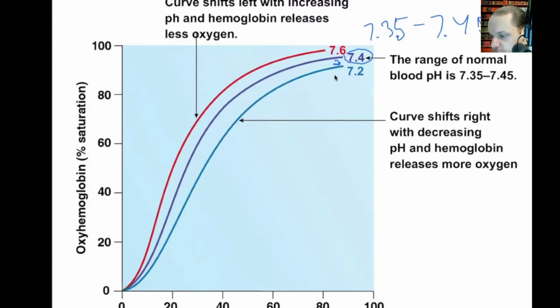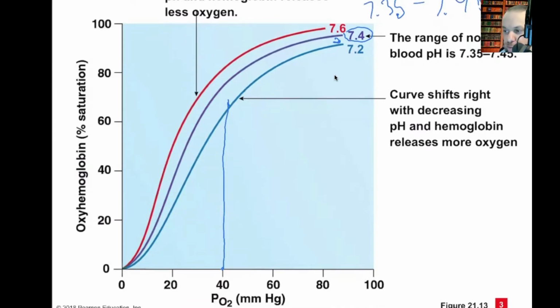And what you notice here is, let me make this up, if I became more acidotic, the curve moved to the right. So it moved from the normal to the right. At this movement to the right, is my hemoglobin holding to the oxygen more or less?